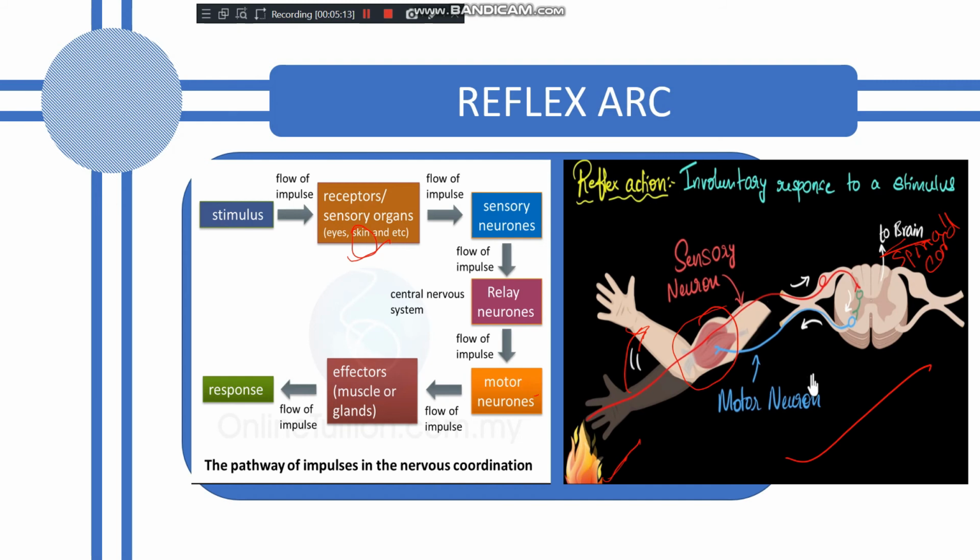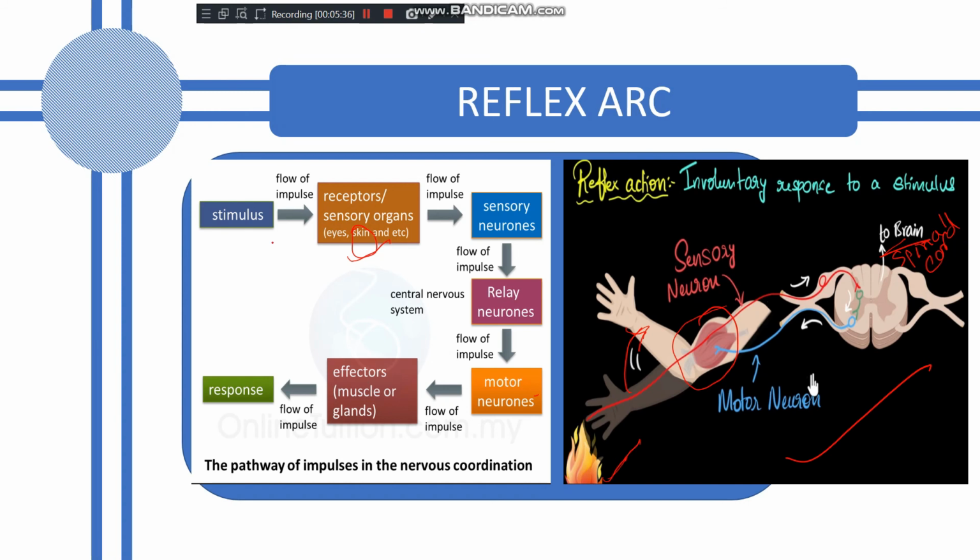Understood? So in this way, a path has been taken by the nerve impulses. The path is from the sensory organ, carried by the sensory neuron to the CNS, from CNS to the motor neuron, and from motor neuron to the effector, and then the response takes place.